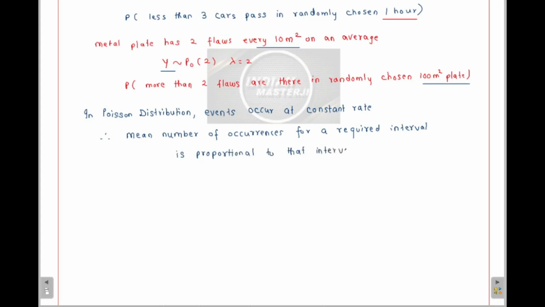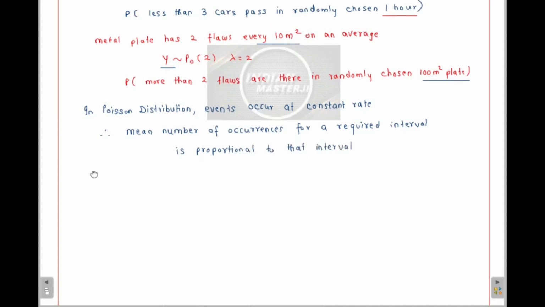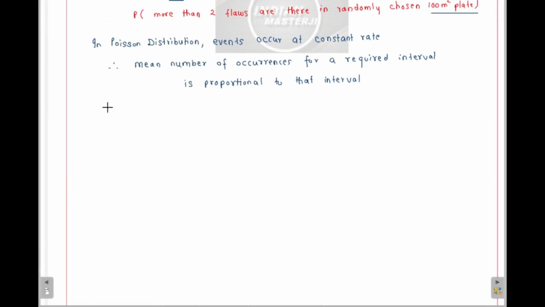Now what do we mean by this? Let's take the case of the check post again. Let me draw a small table.